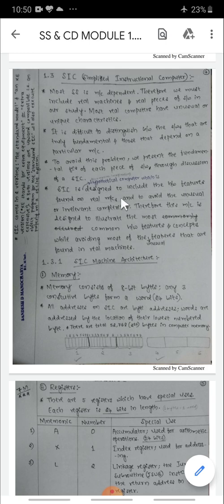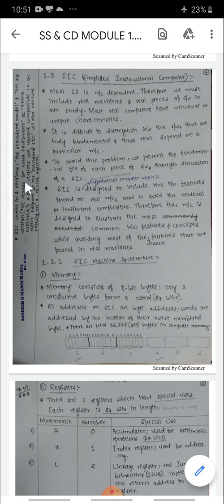So just we will see the two versions of this SIC machine. I have written in this margin here, that is SIC comes in two versions: the standard version, and a second one is an XE version.